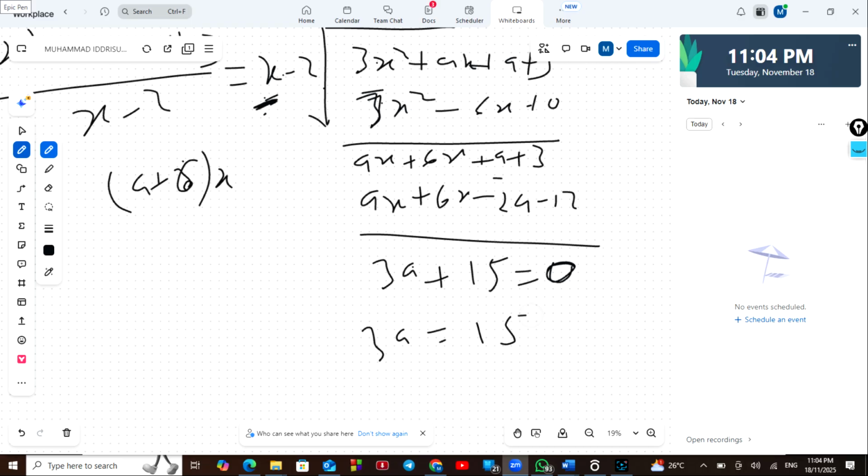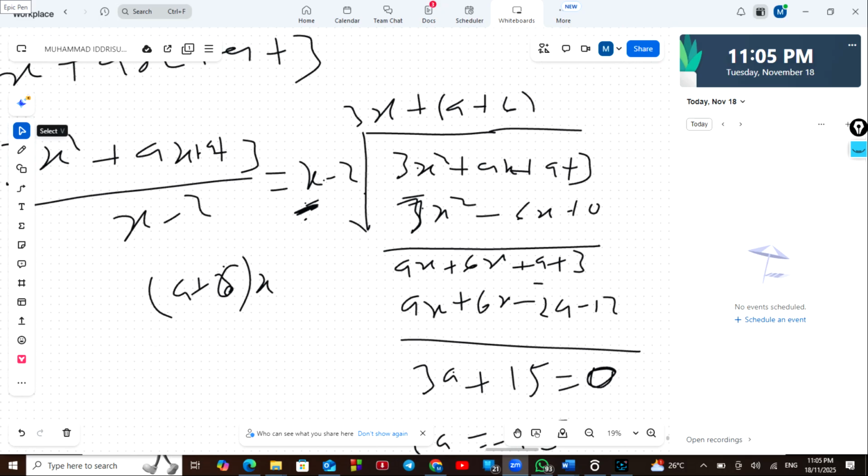So we can easily find a here. Our a is equal to negative 5 if we divide through by positive 3. Since we've assumed that it's a factor, that means that the remainder should be equal to 0.